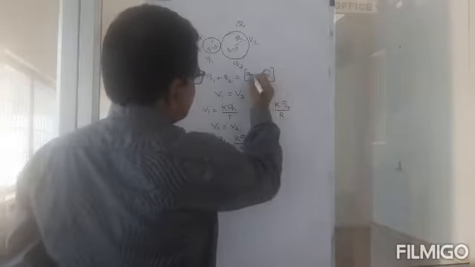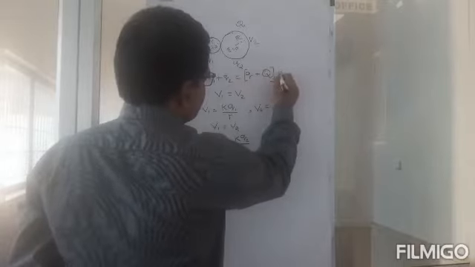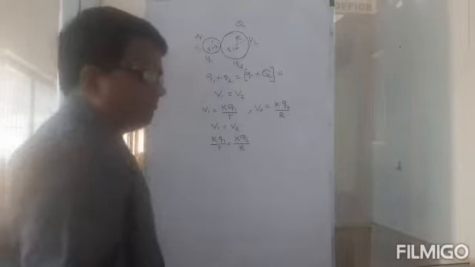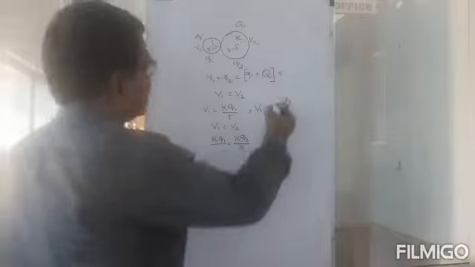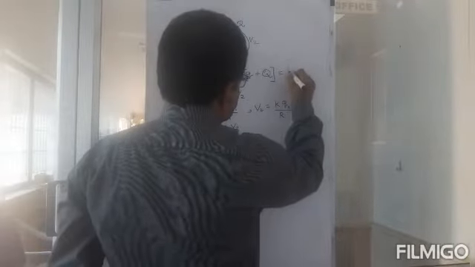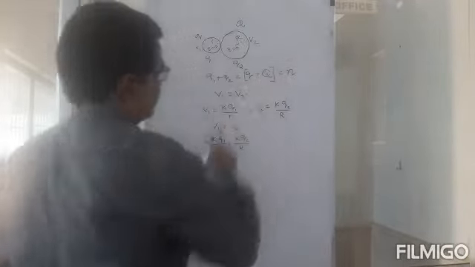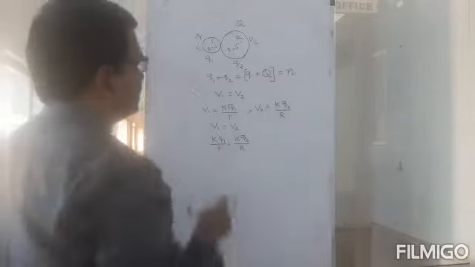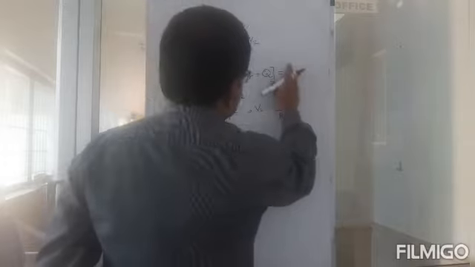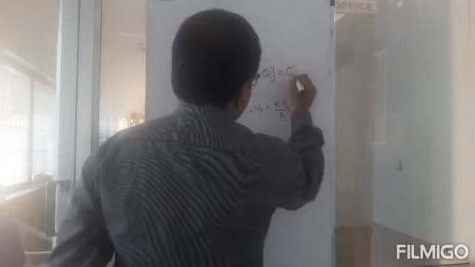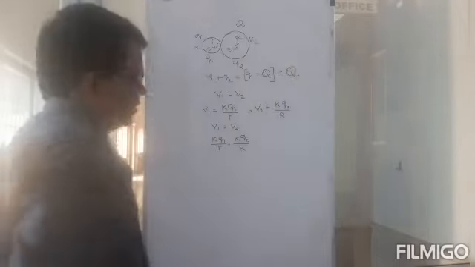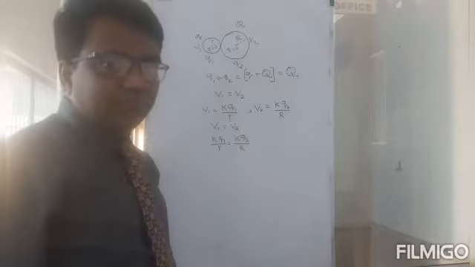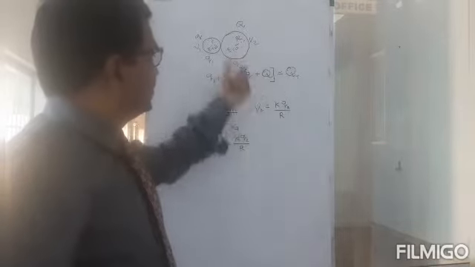I can say Q plus Q gives me some number, let's say N. So this N is actually Q plus Q. If I add these two, that's the total charge, maybe I'll call it QT, the charge that you started with.